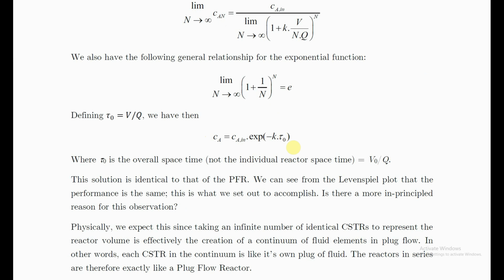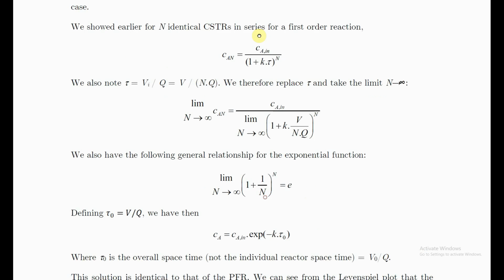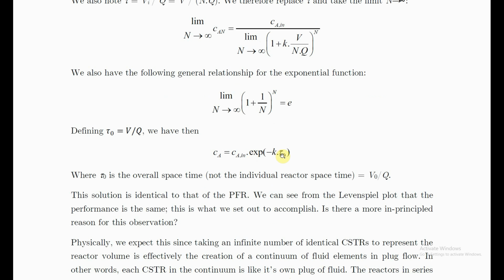And in fact, it looks kind of impossible. If you look at your design equation for a single CSTR, there's no exponential in there. We only have conversions, right? Look at exercise 1 for CSTR. There's no exponential involved. But now, as we use infinite CSTRs in series, we have this exponential that arises, and we possibly could not have predicted that this was going to happen.